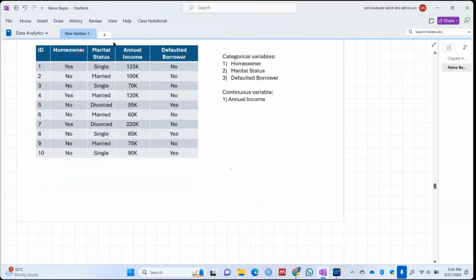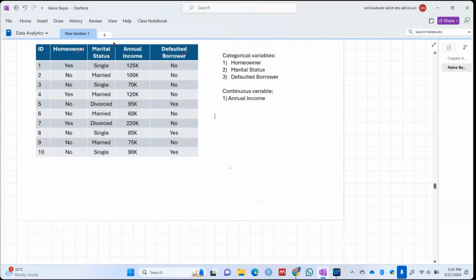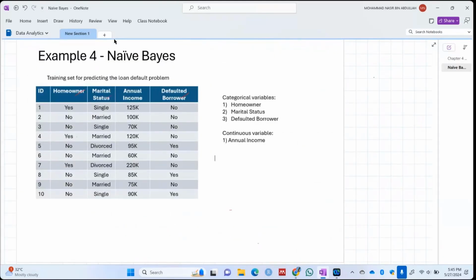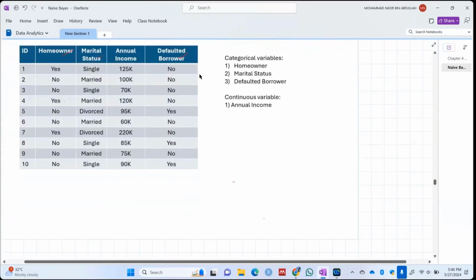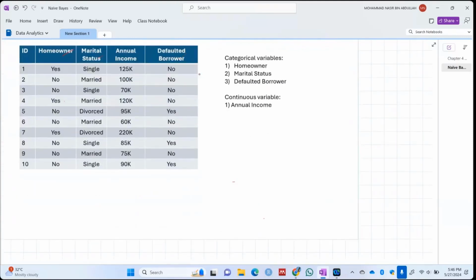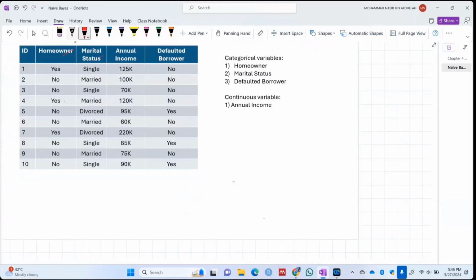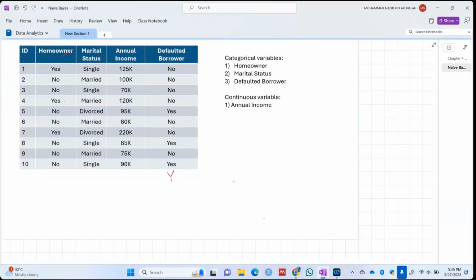So before we execute with naive Bayes, let's try to narrow down by doing a cross tabulation table for each of the qualitative variables. Let's say we are looking into the qualitative variable first. In this case, y is default borrower. This is x1, x2, x3.